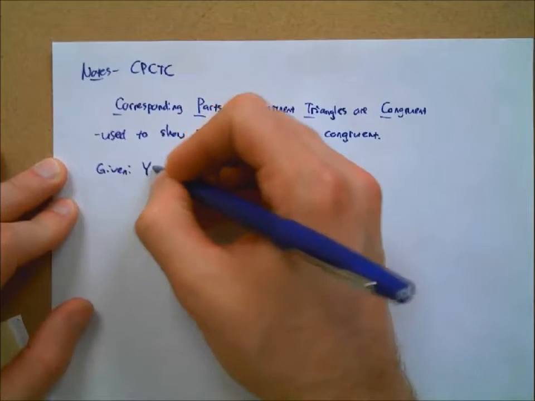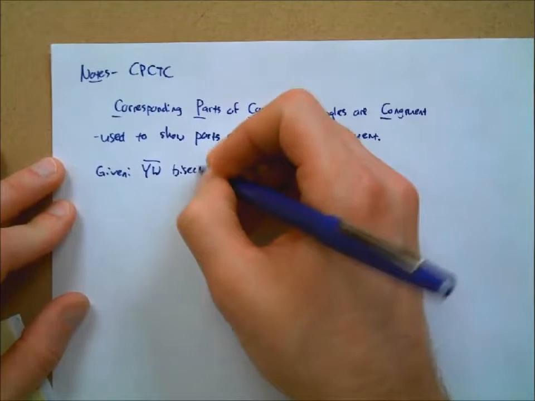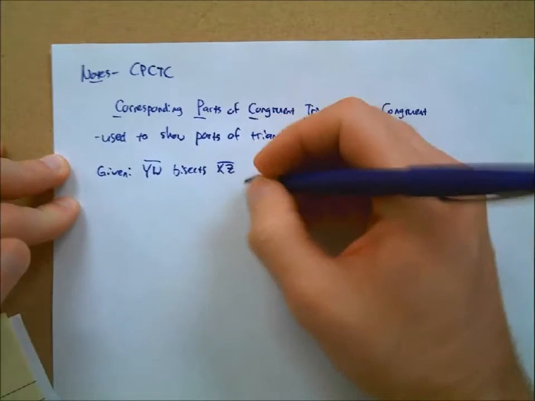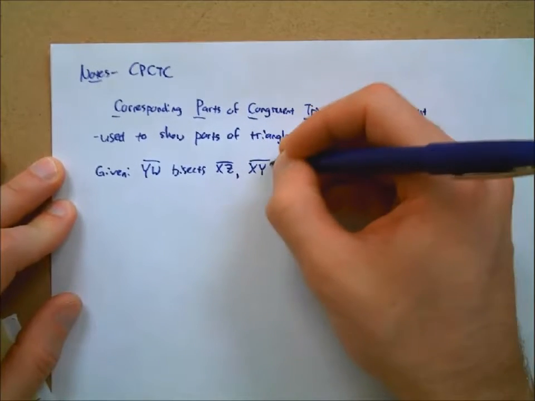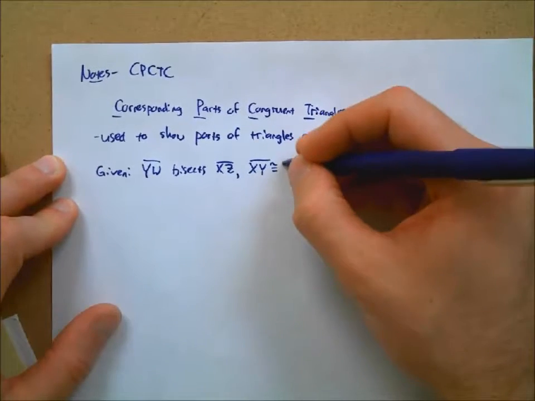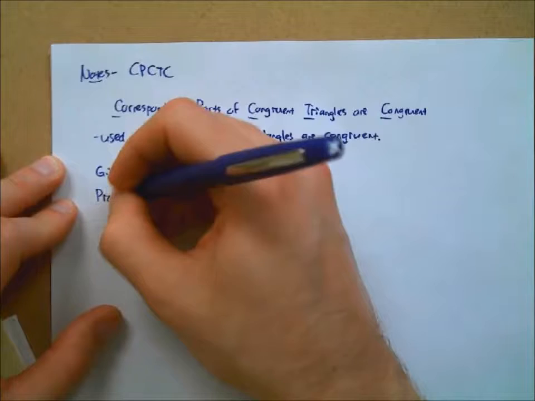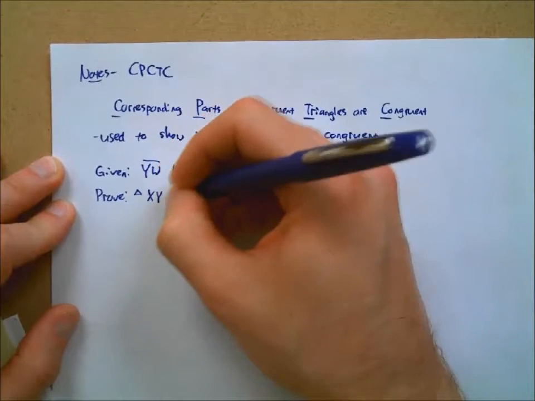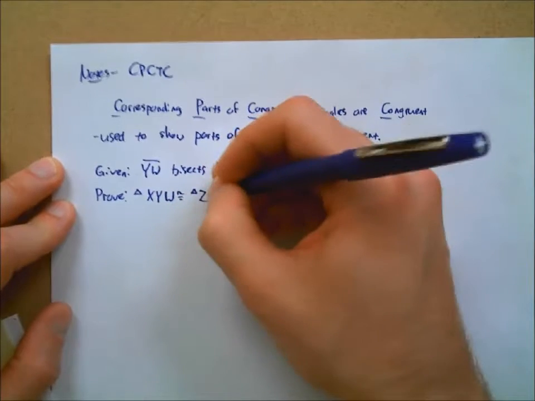Segment YW bisects segment XZ. And also given that XY is congruent to segment YZ, we are going to prove that triangle XYW is congruent to triangle ZYW. Okay.